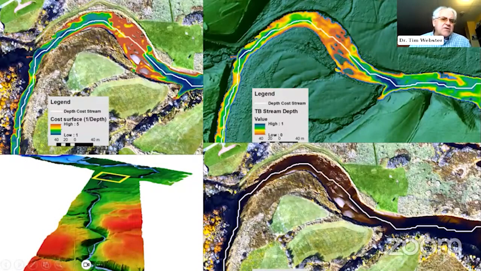Here's an example of the cost surface on the left integrated in with an orthophoto, and this white line here essentially is the result of the least cost surface. Remember, this is 1 over depth. So it's trying to go to the least cost, so the least effort to move through. So you'll see it preferentially goes into these blue areas.